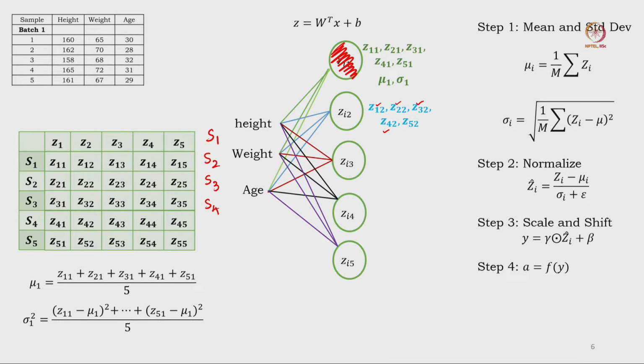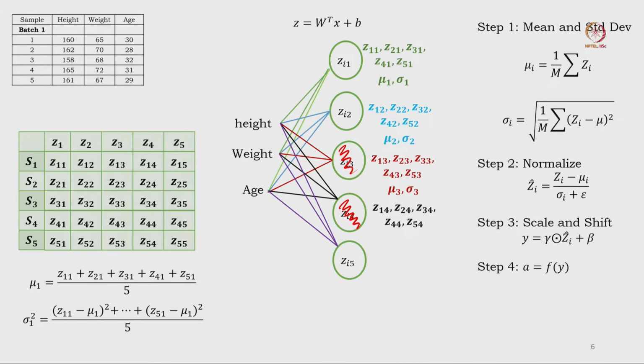Then you will once again calculate the mean, variance and standard deviation here. Similarly at Z3, at this node, we have these many values, and you will calculate its mean and standard deviation. For this particular node too, we have calculated this.